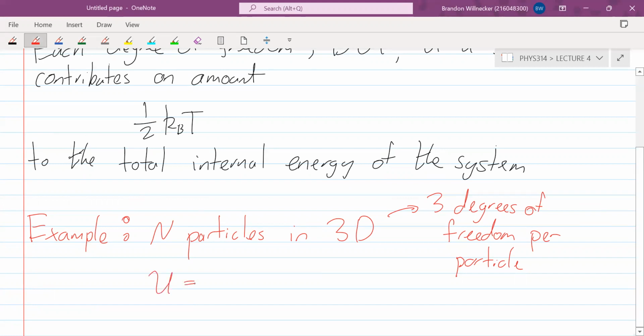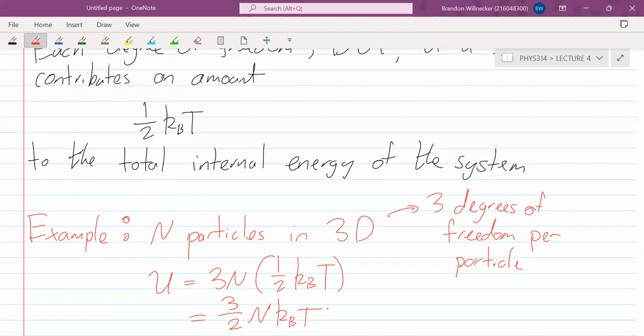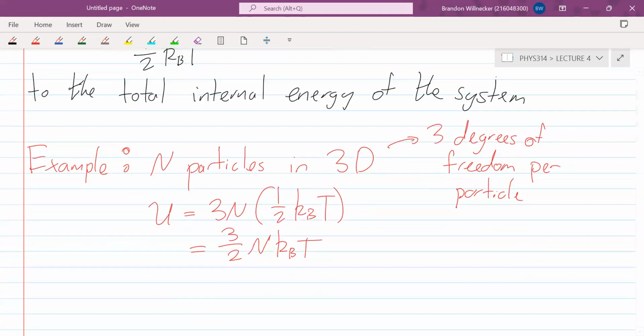So in total, we have 3N times this 1/2 kBT. And that gives us our 3/2 N kBT that we've been using so often for the internal energy of an ideal gas. And if you convert this from number of particles to moles, then we get our 3/2 nRT. That's what we've been using before, but it's exactly the same.